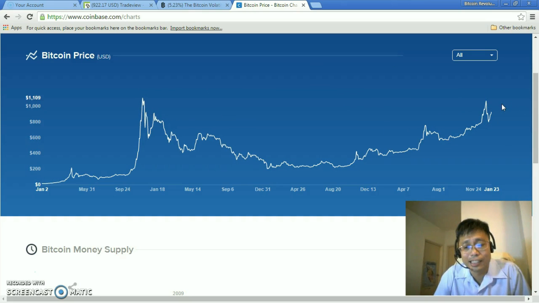And once exceeding that all-time high, then we should see an extreme bull rally, very high.